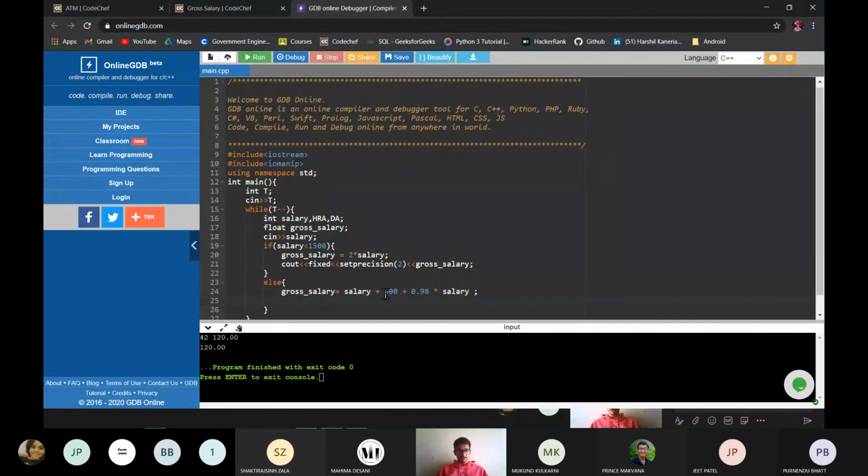Then our gross salary should be like this. Now this is a float value, this is an integer, this is an integer, and this is a float value. So for that, let me print it again: fixed, set precision of 2, and then gross salary.